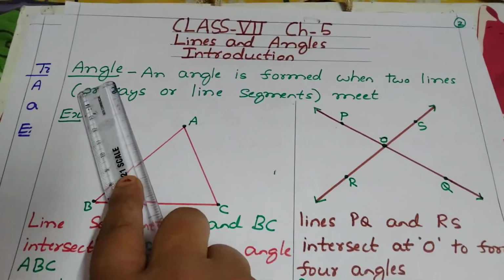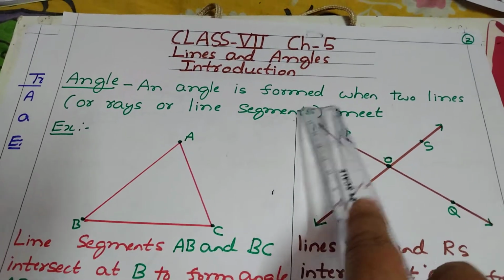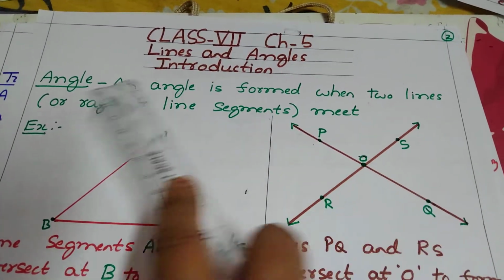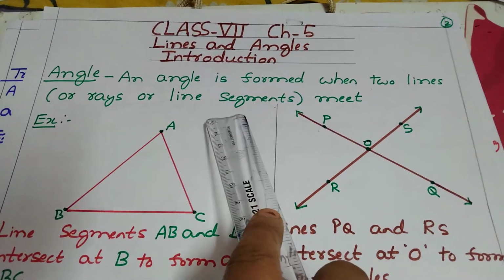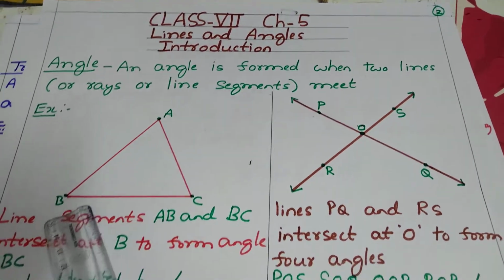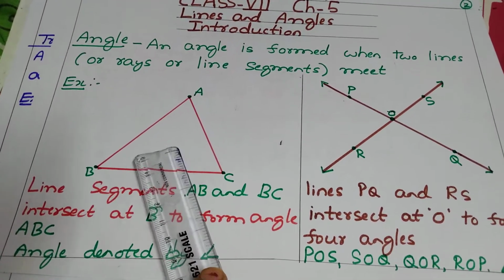Next, angle. What is an angle? An angle is formed when two lines or rays or line segments meet. It may be line segments or rays. See here, we use line segments and draw a triangle.